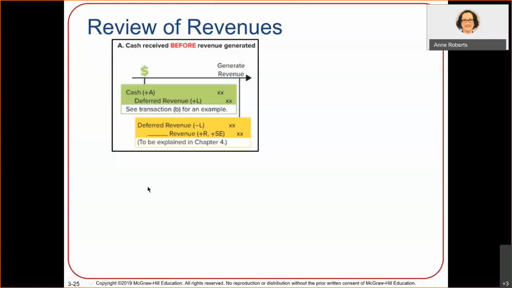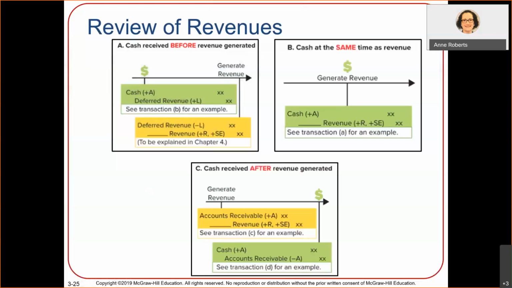Think about what's happening here. This is a different way of looking at what we're looking at. If we're looking at revenues first, there are only 3 ways that we can close the loop on revenues.